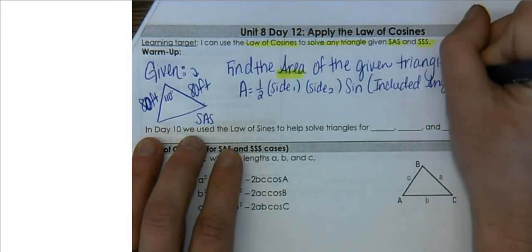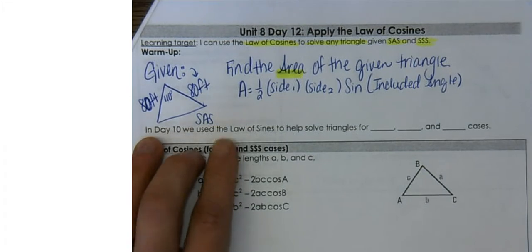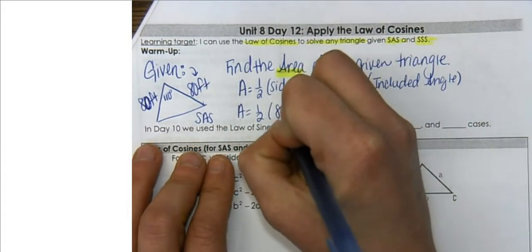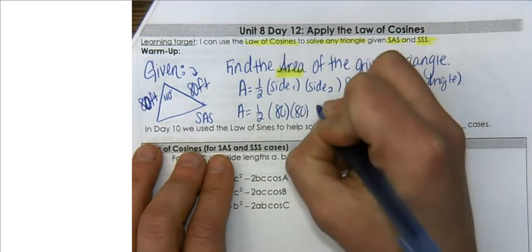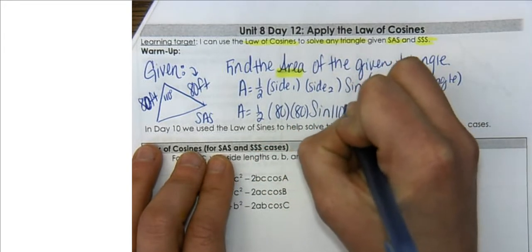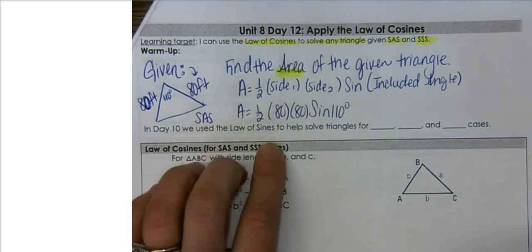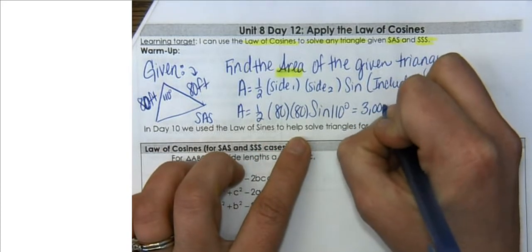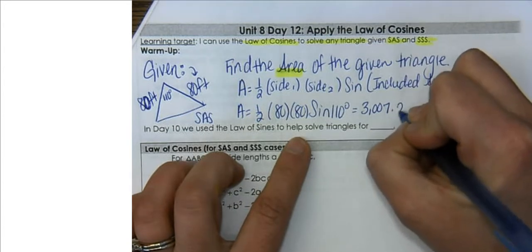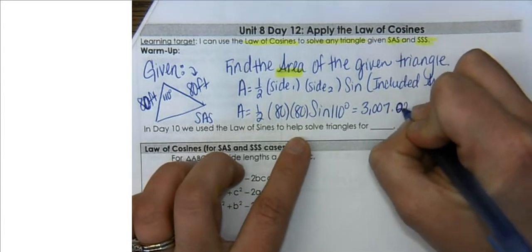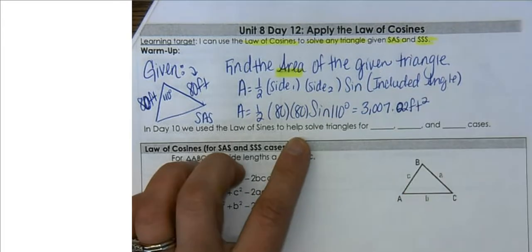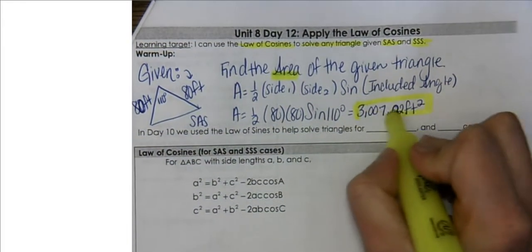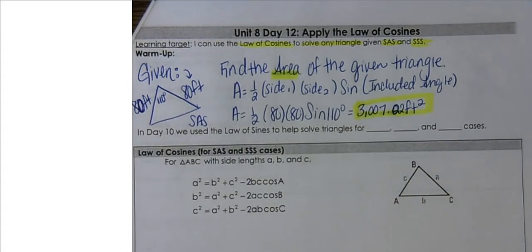So my area is equal to 1/2 times 80 times 80 times the sine of 110 degrees. And when you put that into your calculator, you find that the area is 3,007.2 feet squared. So hopefully you were able to get that answer correct, and finding area is not that bad for you.